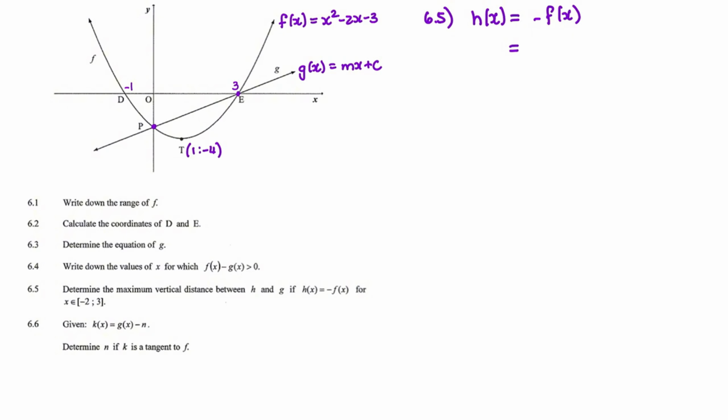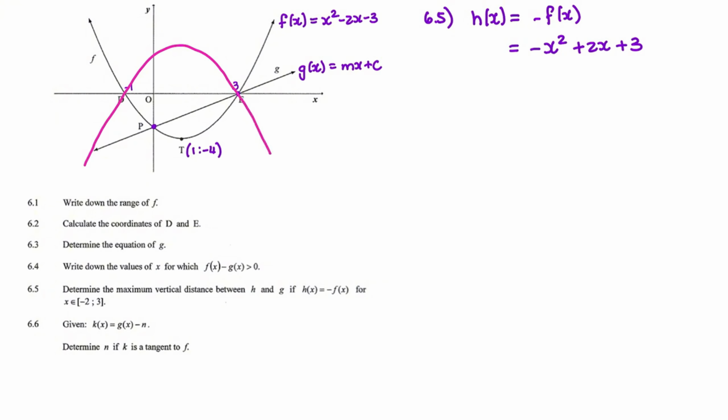So I take f(x) and I change all of the signs of every term, that is multiplying the whole equation with -1. What I realize is that h(x) is the reflection of f(x) about the x-axis. So let me draw a rough sketch of that graph in. It will go through points D and E.